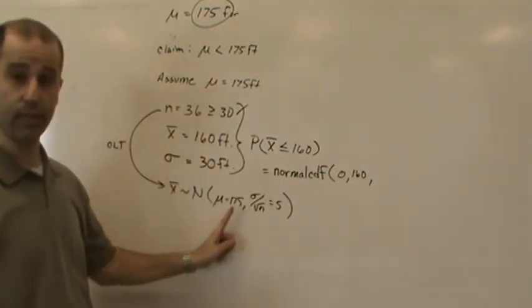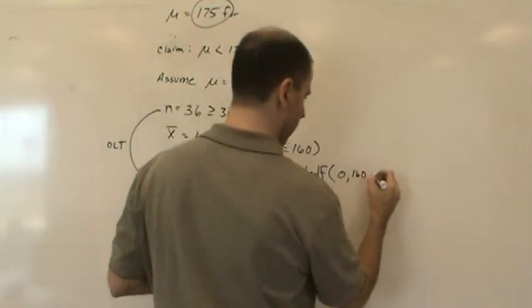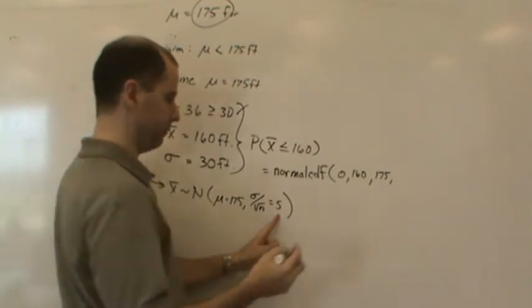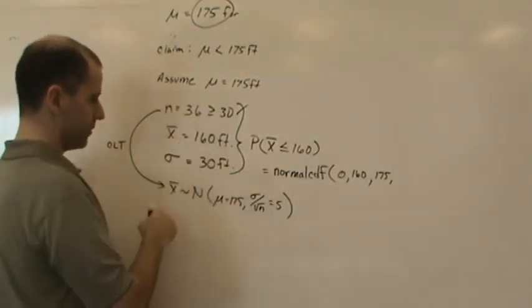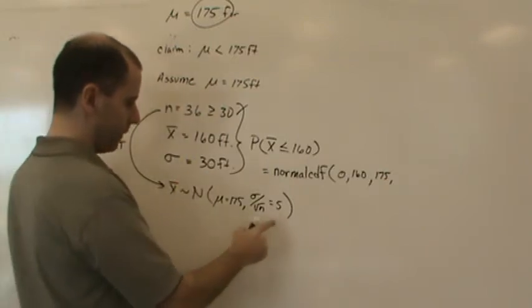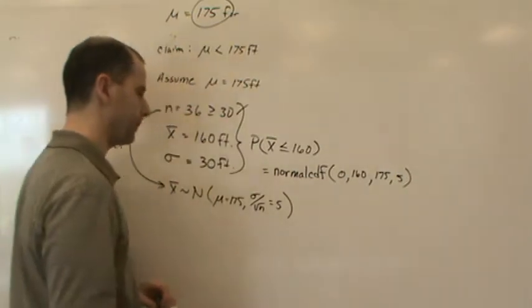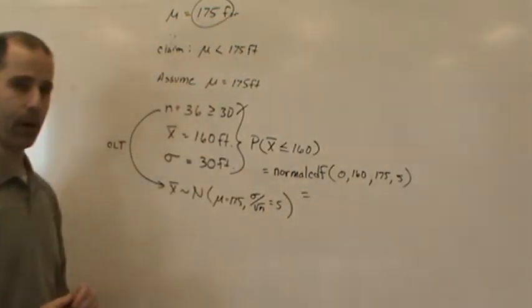The mean we're going to use is the mean that we're assuming, which is 175. So we're going to put that in there. And then the standard deviation in this case is 5, right? The square root of 36 is 6, and 30 divided by 6 is 5. So we can just put 5 here. Okay? So now, what do we get for that probability?